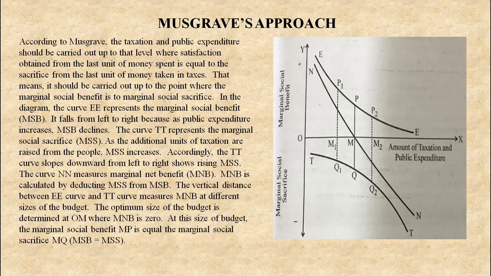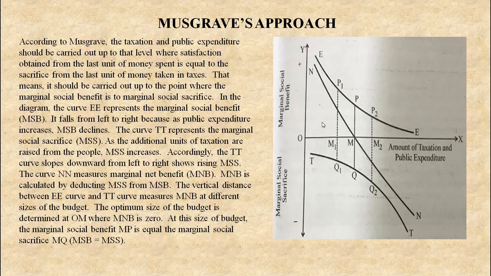So there will be a tendency to move from M1 towards M. If the budget size exceeds M, for example M2, then MSS will exceed MSB and MNB will be negative. Therefore, it will be beneficial for the government to cut down the size of the budget and move from M2 to M.